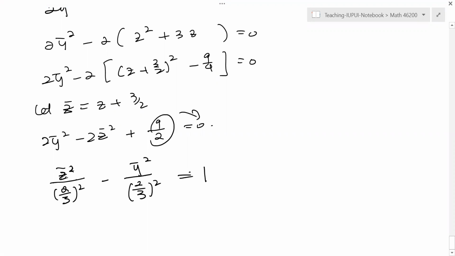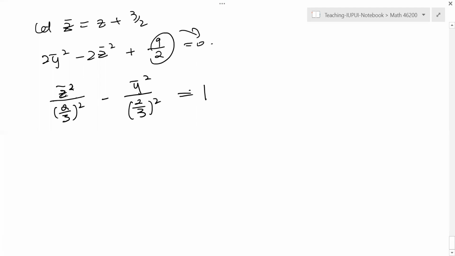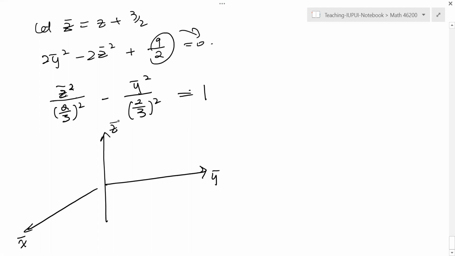Now, how do you sketch this graph? So this is x bar, that's the same as x, y bar, z bar in this coordinate system. So in the YZ plane, this is a hyperbola. Right? This is a hyperbola.